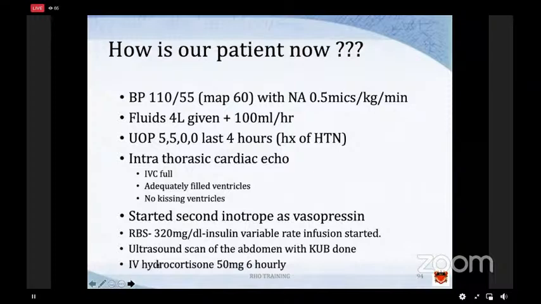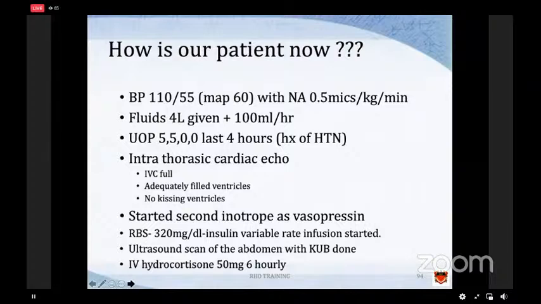So how is our patient now with all this resuscitation? The blood pressure has picked up with noradrenaline and 4 liters of fluid. Urine output is still marginal, and he's adequately volume filled, IVC full, and adequately filled ventricles. Because the volume resuscitation was optimized, we thought of starting a second agent, vasopressin, and sugar was monitored and managed.